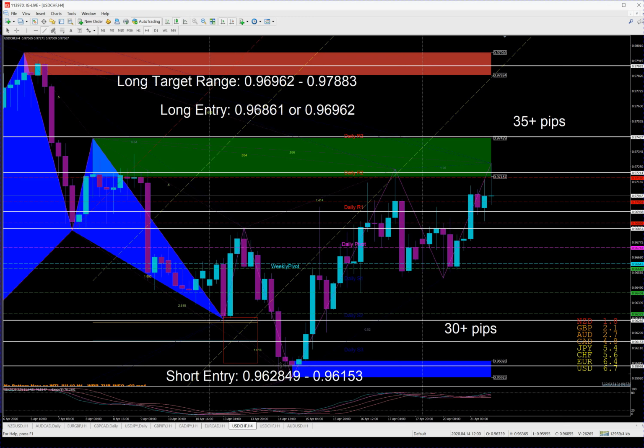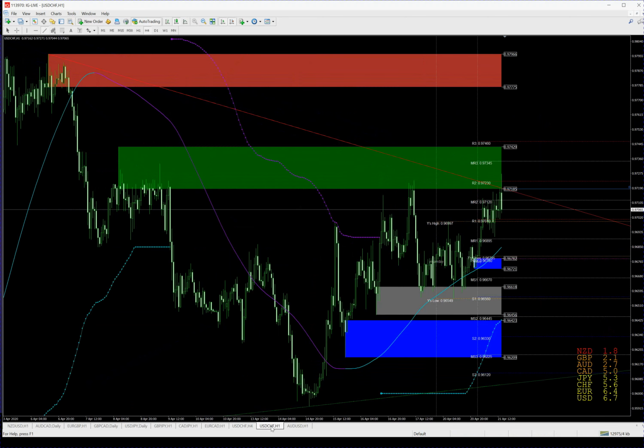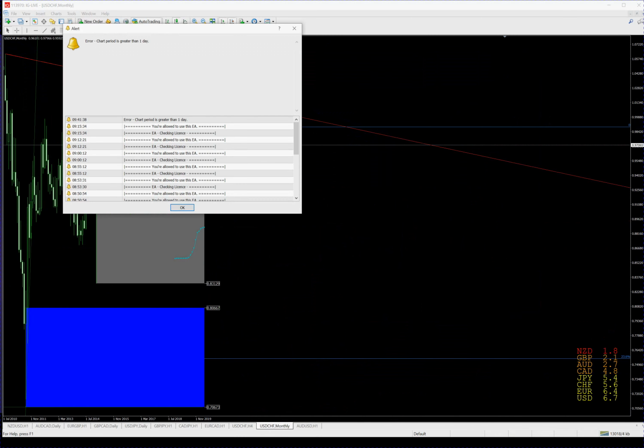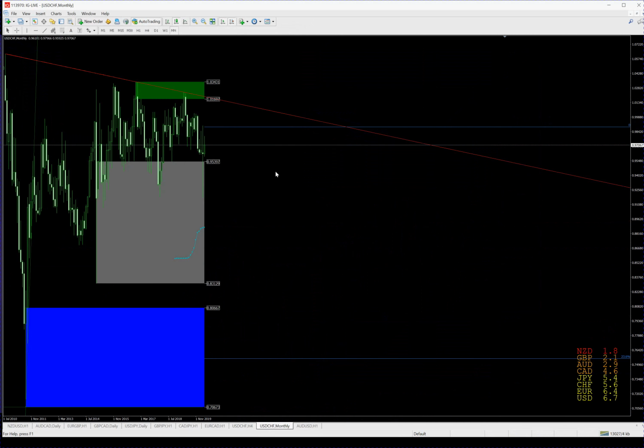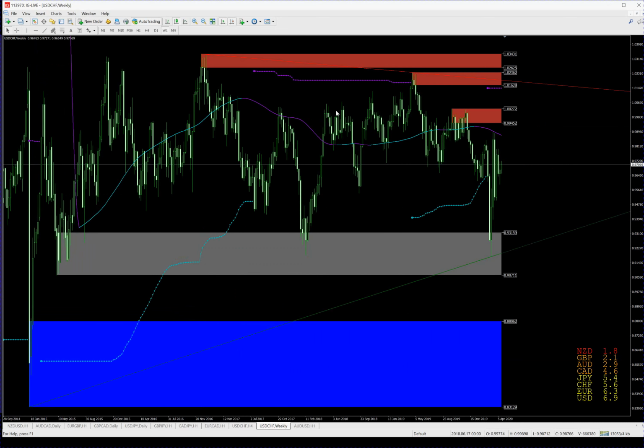When you look on longer time frames, I feel like it is even worse. Let's see. So this is the hourly. The hourly is currently in an uptrend. I never like to look at that though. Let's take a look at monthly. Yeah, monthly definitely in consolidation. Our weekly, same thing.